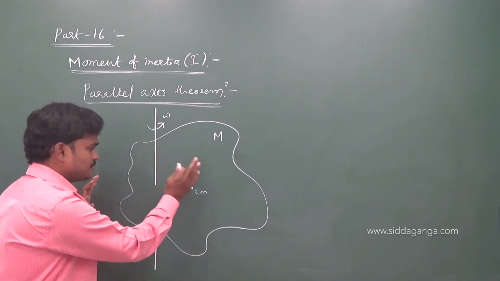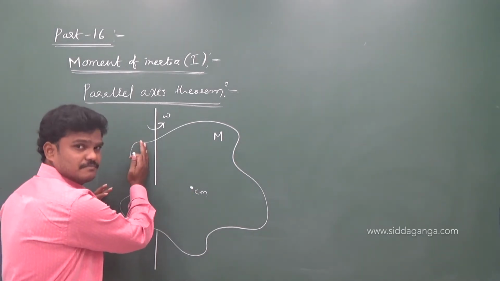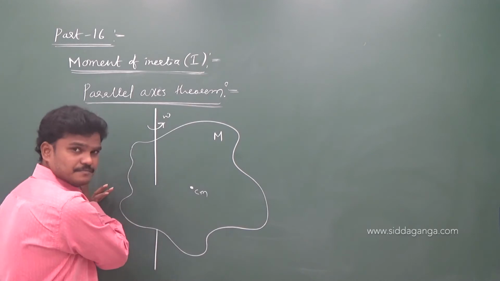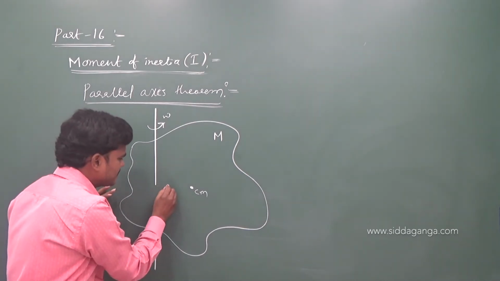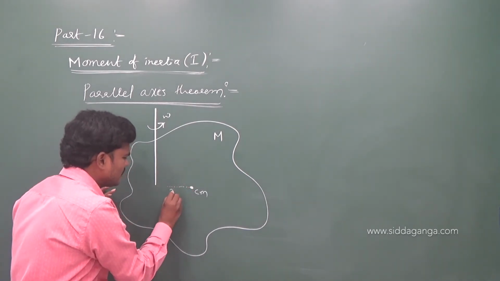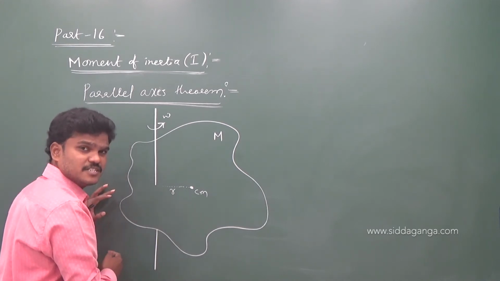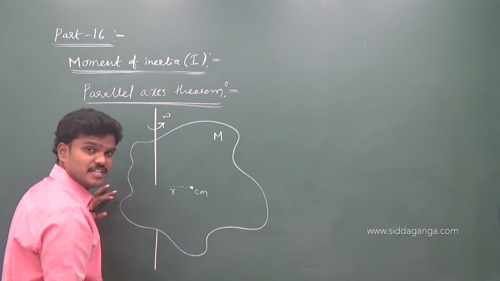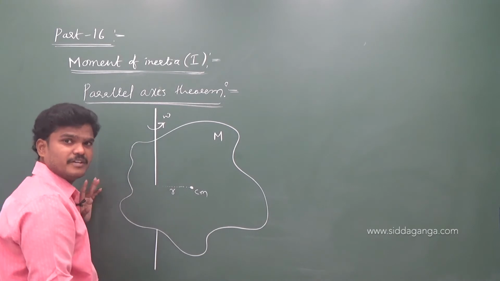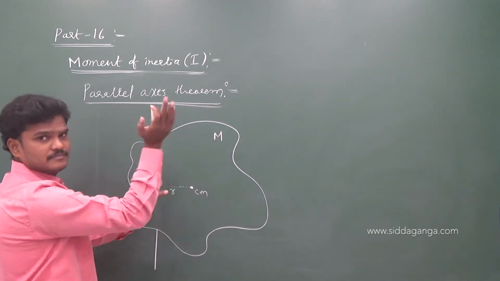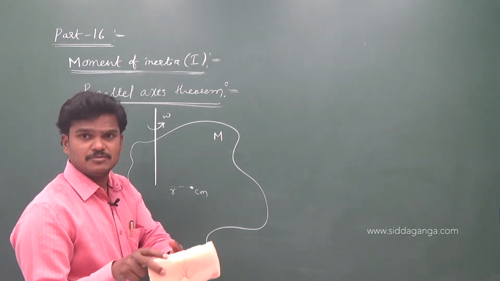If this body rotates about this axis, then the center of mass also rotates. If I consider any distance, small r, between the center of mass and the axis, will it change as it rotates? No, it never changes. Why? Because it is a rigid body rotating.